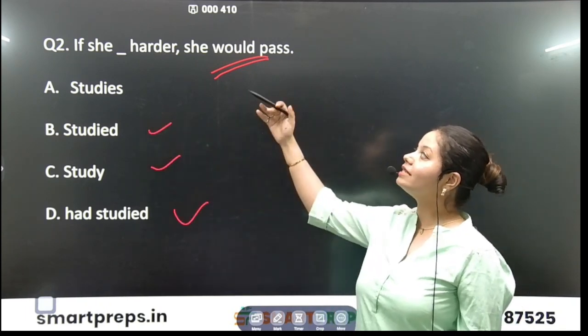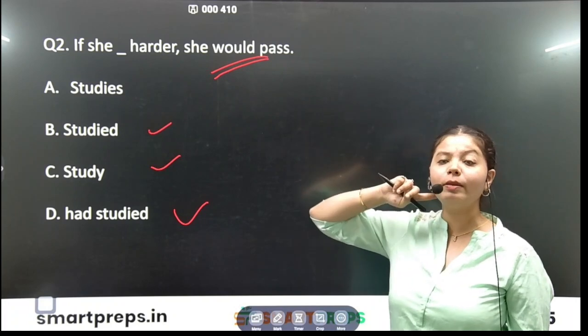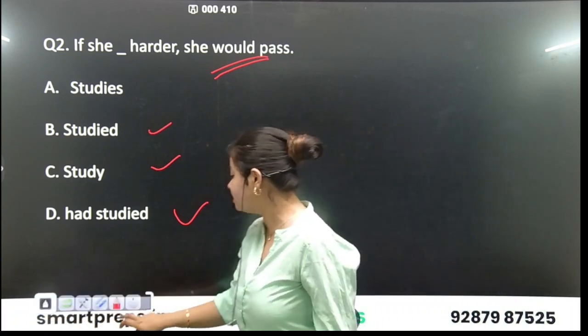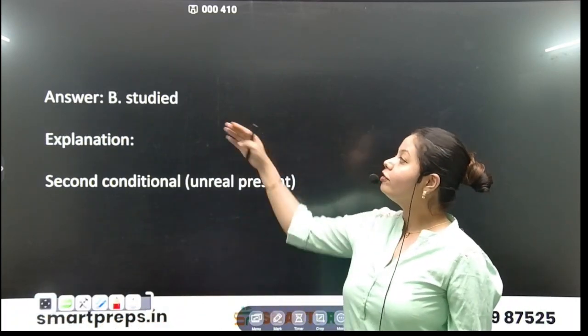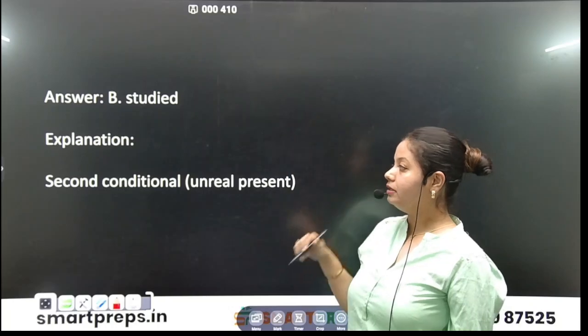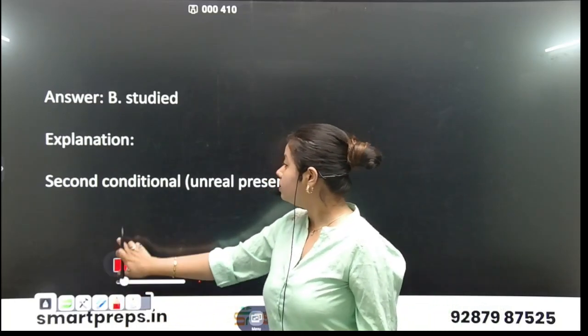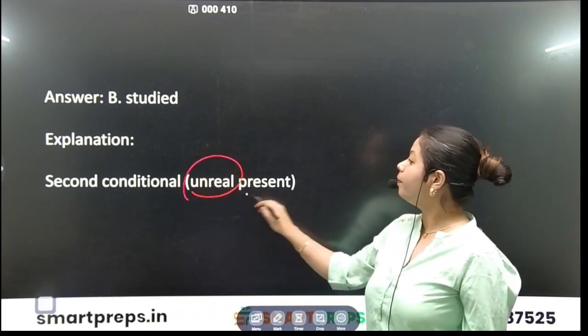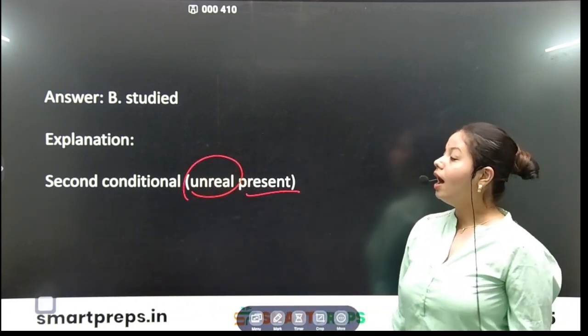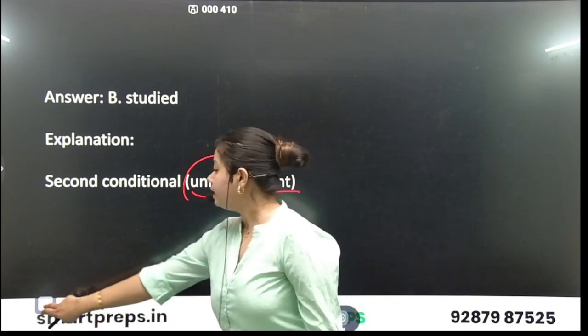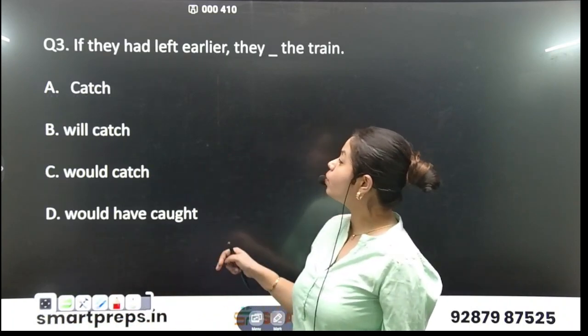If she had studied harder, she would pass. Which will be the correct one? Let's check the answer. If she studied harder, that is second conditional. Okay, second conditional, that is unreal present. Let's move on to the next question.